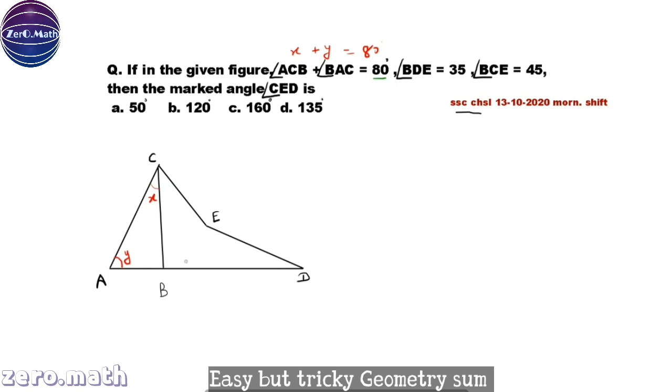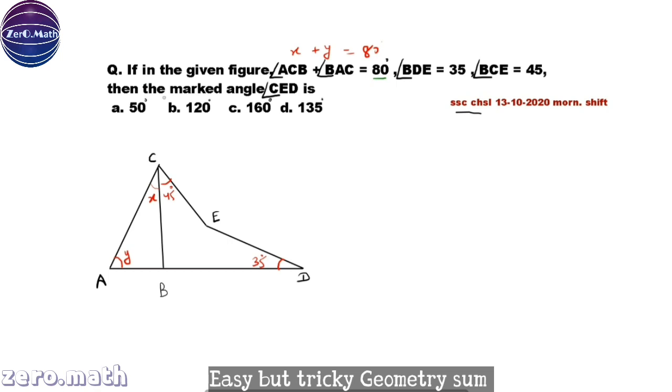Next, angle BDE is given as 35 degrees. Now you can see this is not a straight line. So CED is not a straight line and CBDE is not a triangle, it's a quadrilateral. The next given angle is angle BCE, and this is given as 45 degrees.